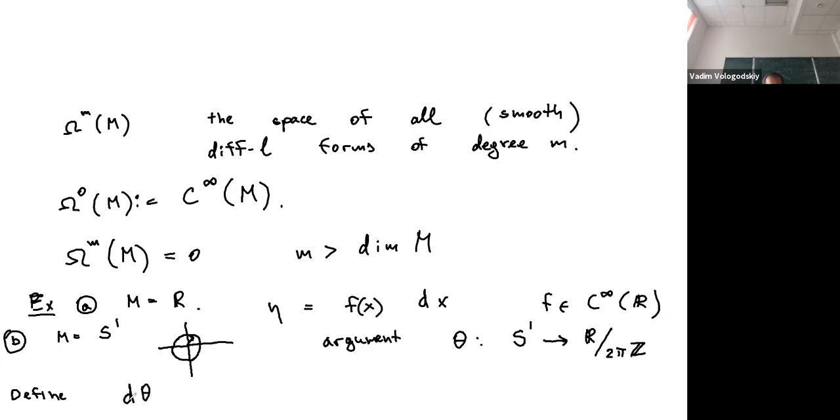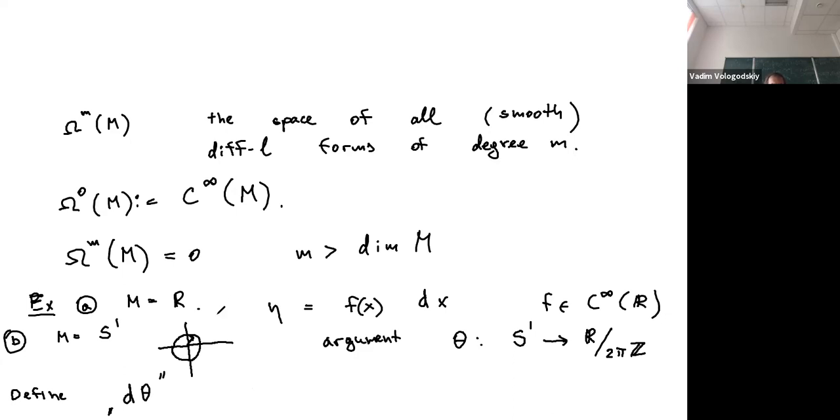Theta is not a function, so this notation is reserved for the differential of a function. So in order to emphasize that theta is not a function, but rather a multivalued function, I put quotation marks here. And so how to define it?